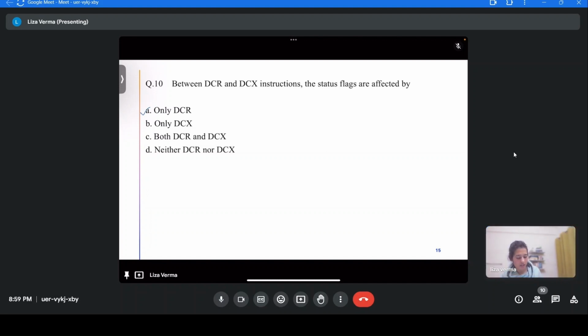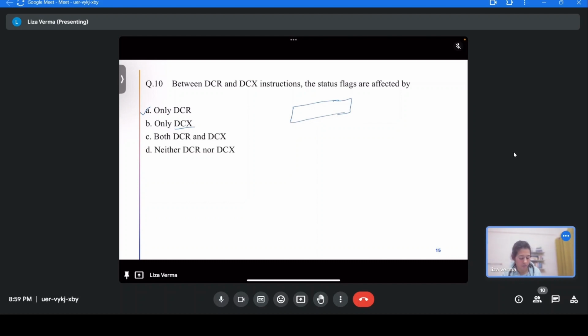DCR is done using the 8-bit accumulator, while DCX is implemented using the incrementer decrementer for the register pair, and the incrementer decrementer doesn't affect the flags.